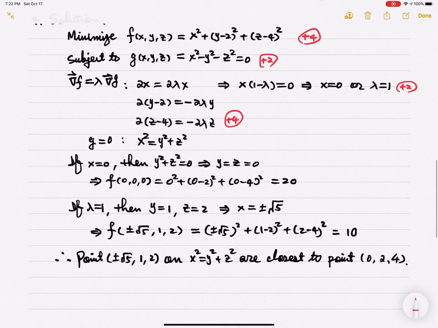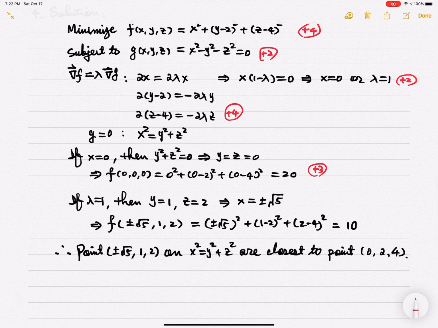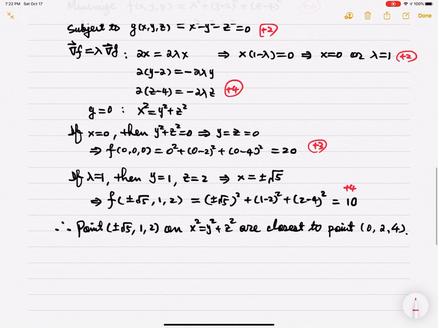And then I will say this is 3 points, and this part I will say is 4 points.